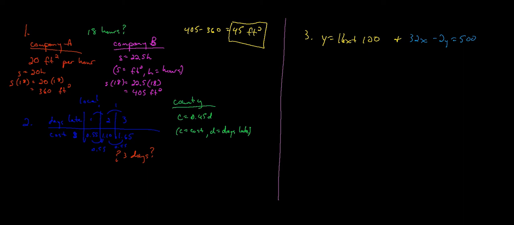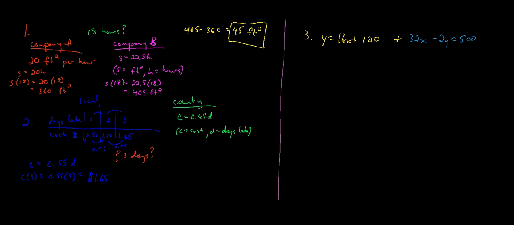So our function here, using the same variables as the county function, is C equals 0.55 times the number of days. So at 3 days, at the local library, we're looking at 0.55 times 3, which was actually already part of our table, which equals $1.65.